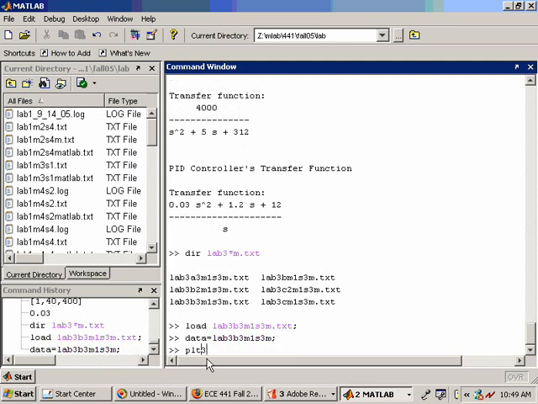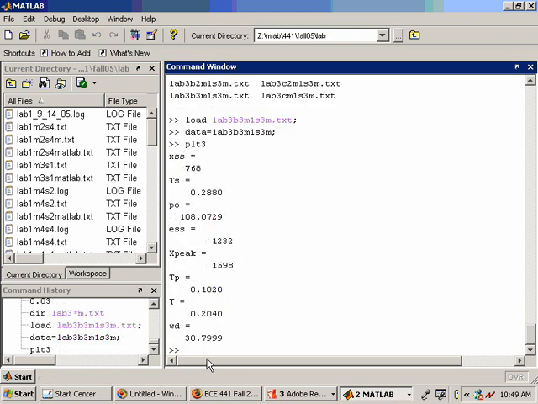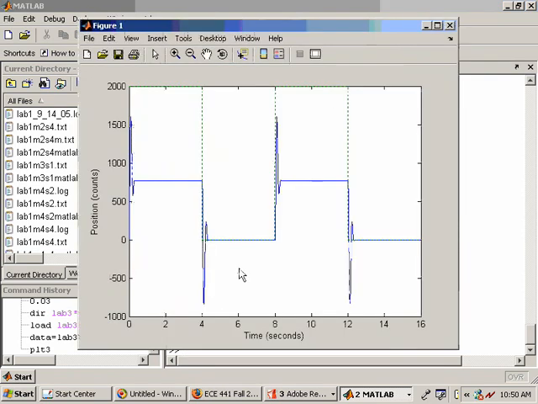I can now execute PLT3 for lab number 3's data, and it will immediately give me the steady state value of 768, a percent overshoot of 108, a steady state error of 1232, and a peak time of 1600. If I examine that, this is what I get for a phase lead controlled system from the data.